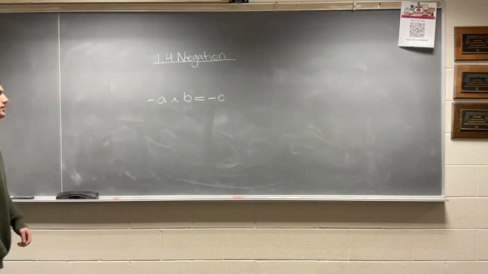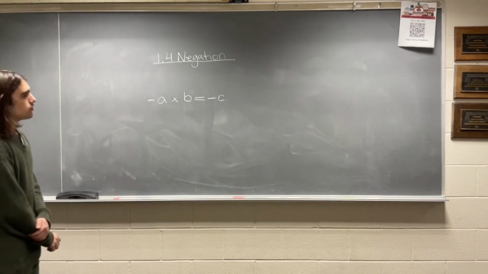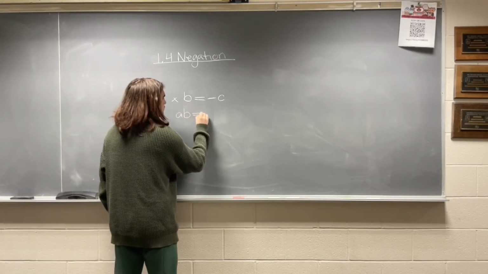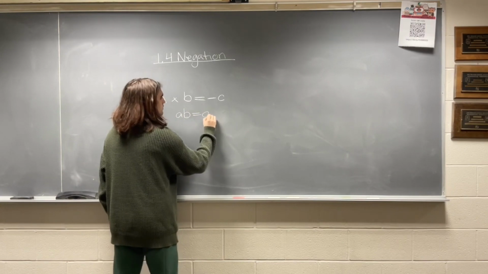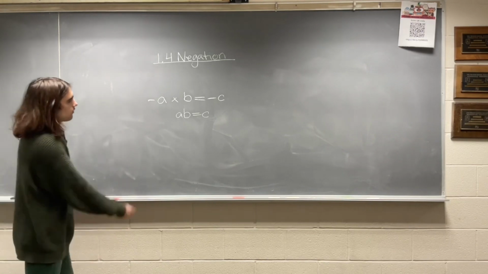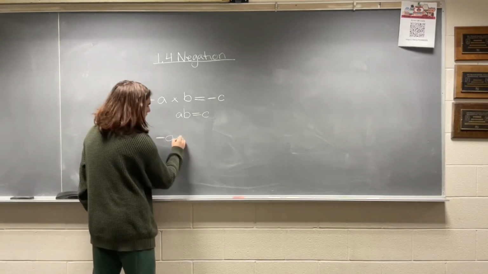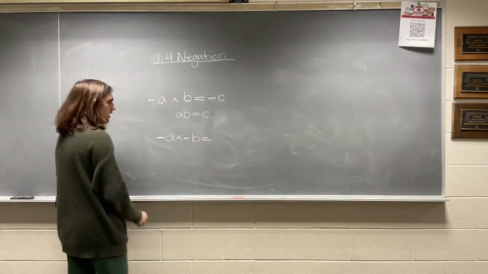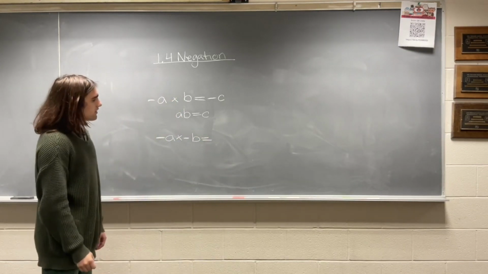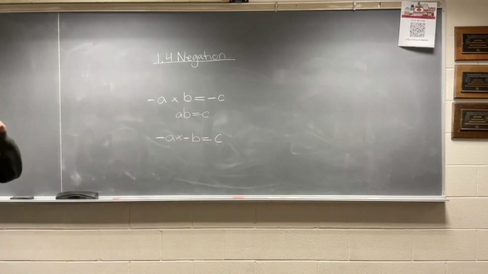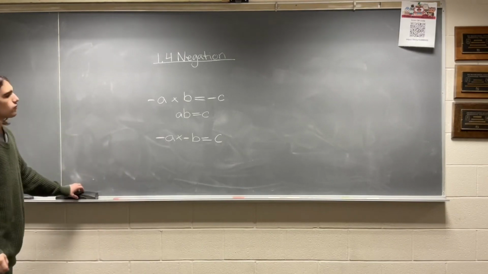So negative A times B is going to be equal to negative C. When we did A times B, we always got a positive C. Well, what's interesting is when we do negative A times negative B, what we get is not negative C, but what we instead get is positive C.